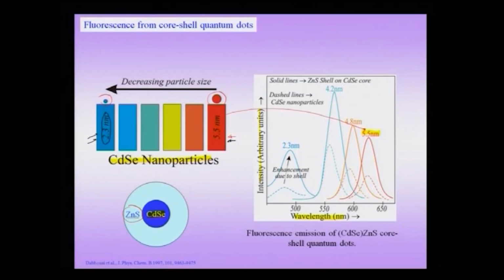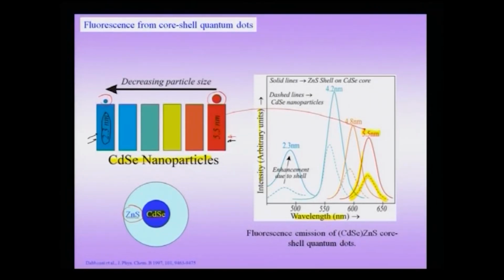Now, the important point is that in the absence of the shell, the emission has a certain intensity, but when you have a shell around it, there is a clear cut marked enhancement in the intensity. So, you can clearly see an important effect of putting a shell around the core.